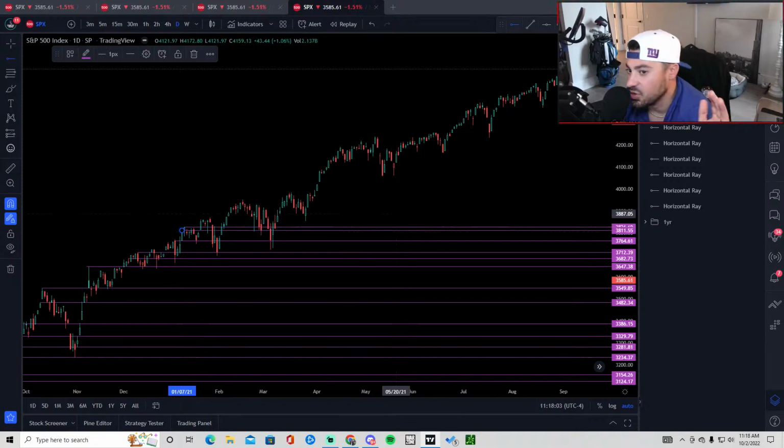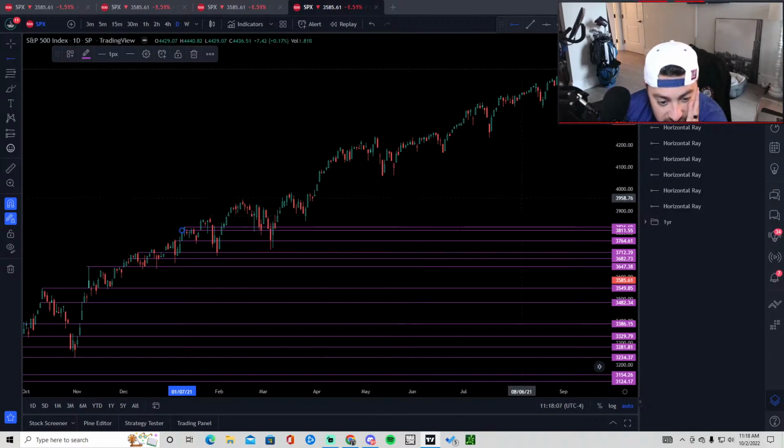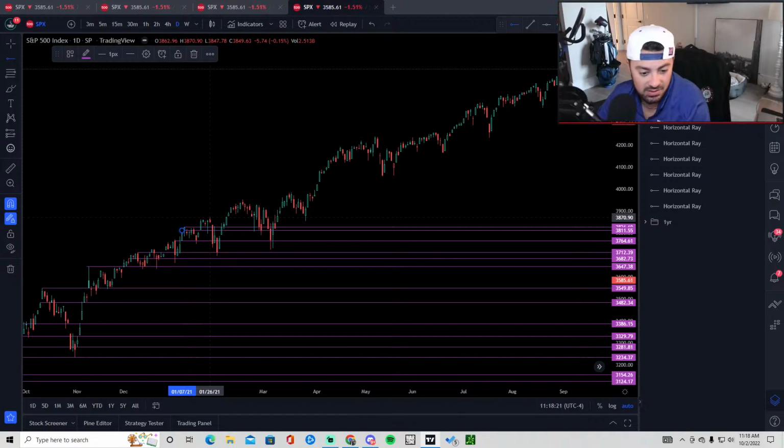Anytime there's wicks and price plays towards the body, and there's support on the body of a candle, that's definitely something that I find to be more of a key level than not.